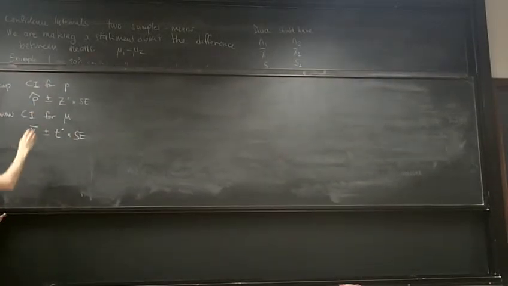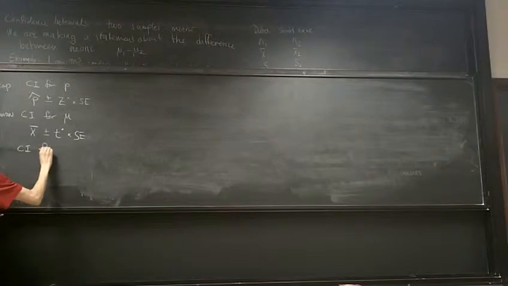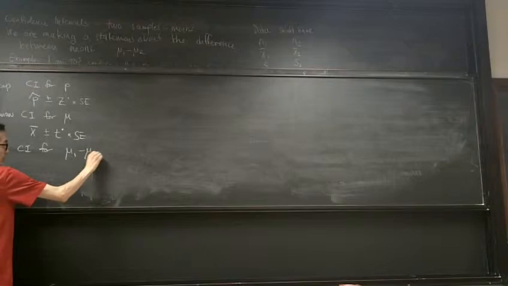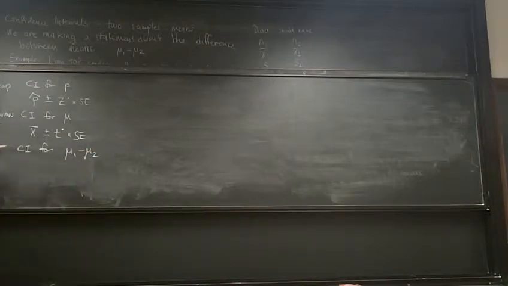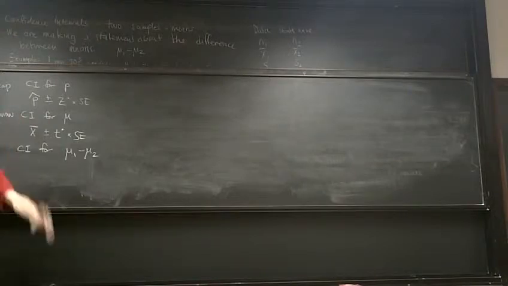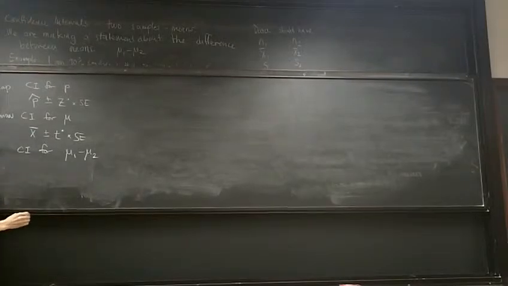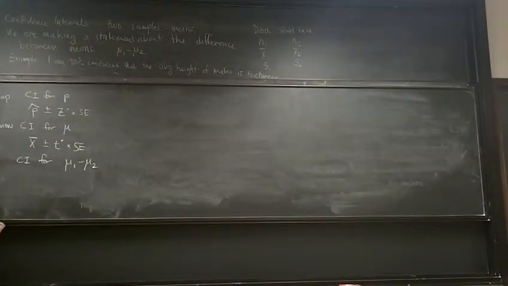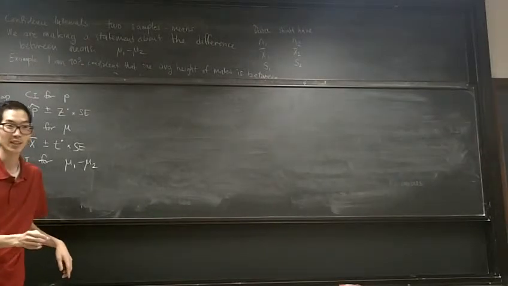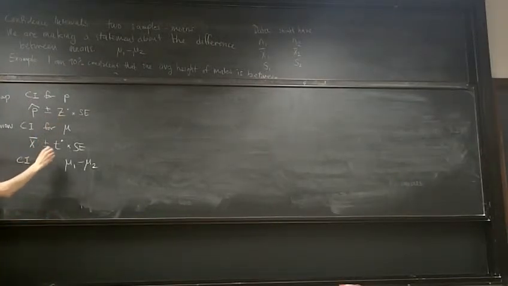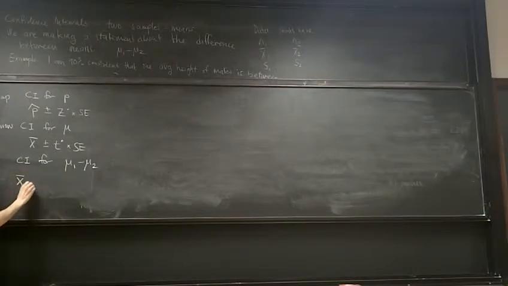So now we are making a confidence interval for what? The difference between means, mu1 minus mu2. So what do you think is going to go in this place? What's going to form the center of my interval? It's going to be the difference between X bar 1 and X bar 2.